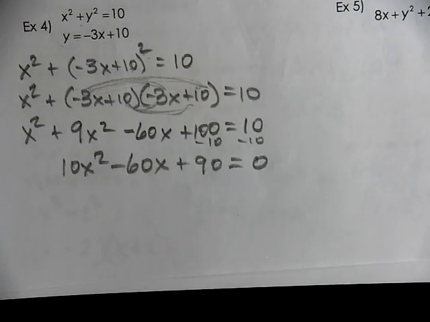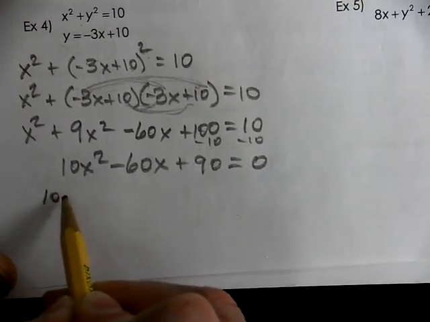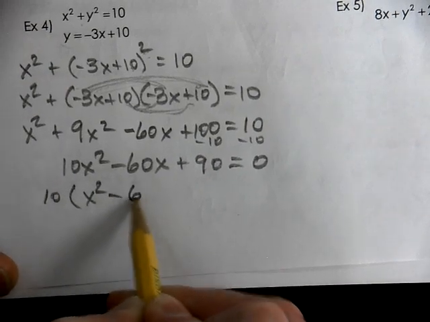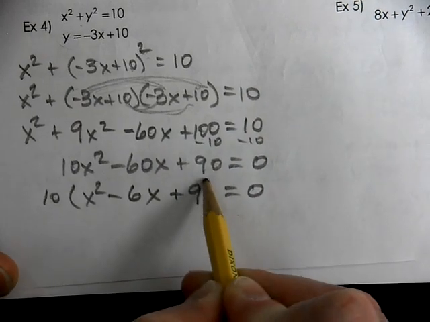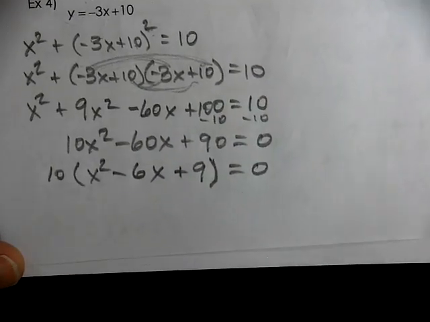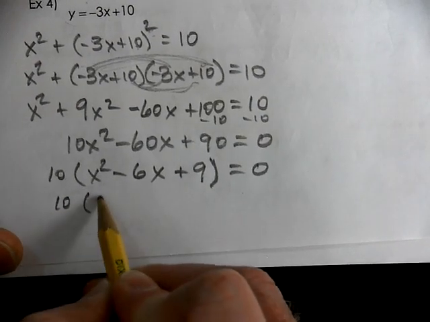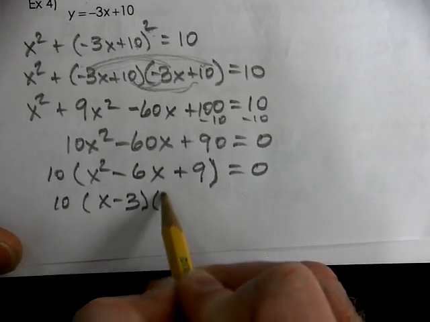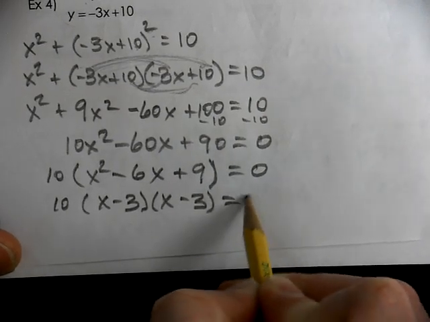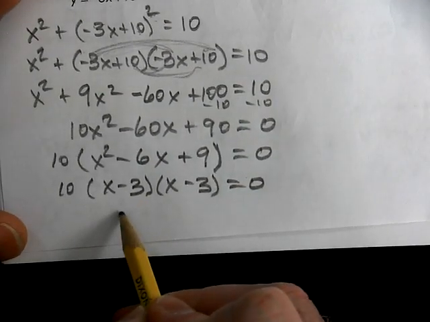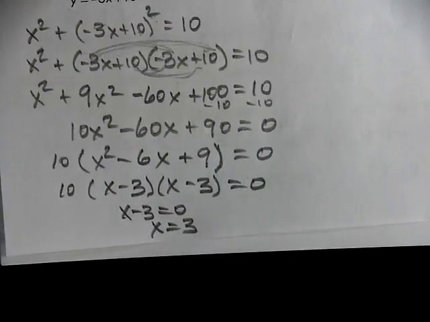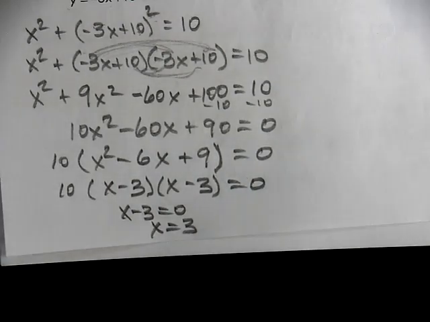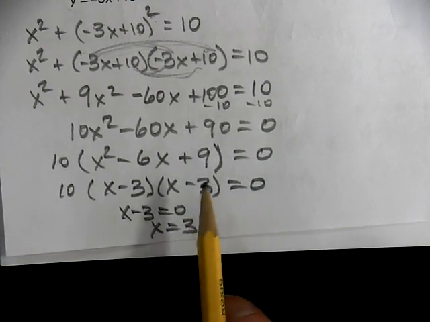So what could we do from here? We can get that 10 out of the way. That makes factoring it that much nicer. So we get the answer of 3. This would also give us 3, so we don't need to write it twice.